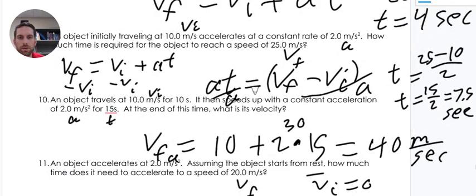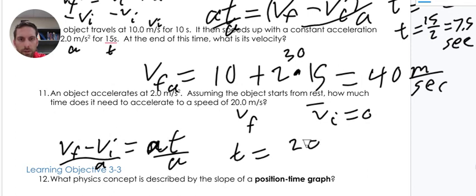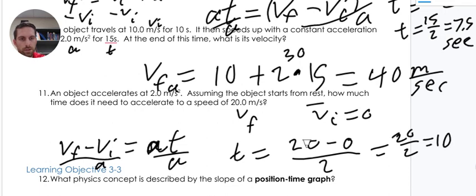We got up to here. And then we want time again, so we're going to divide out a. So time equals Vf, 20 minus 0 over 2, or it's going to be 10. So 20 over 2 equals 10 seconds.